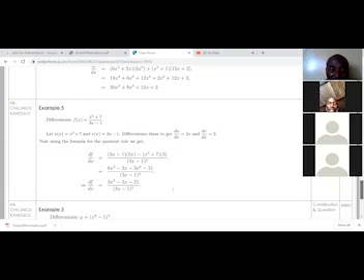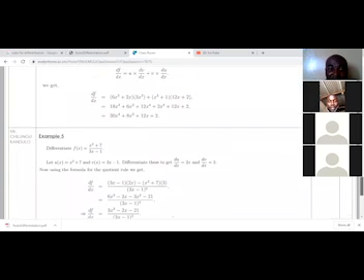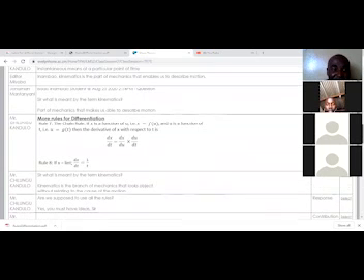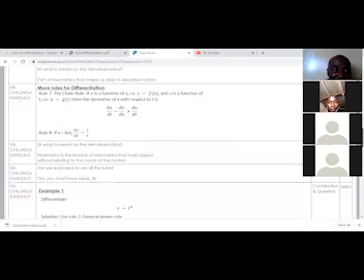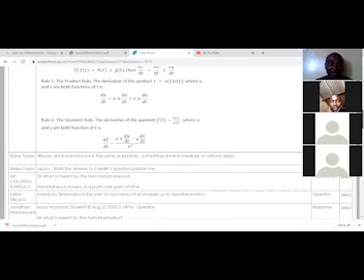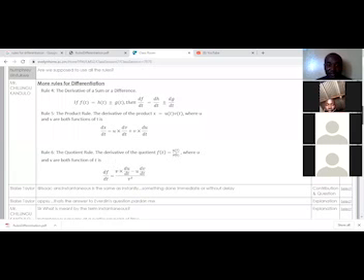Listen, example 5 is x squared plus 7 over 3x minus 1. Have you seen it? Then the rule is the quotient rule. Quotient rule: if f equals u over v, then df dx is v times du dx minus u times dv dx, all of this over v squared.